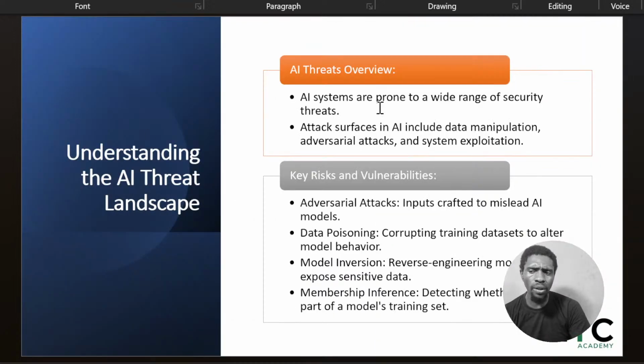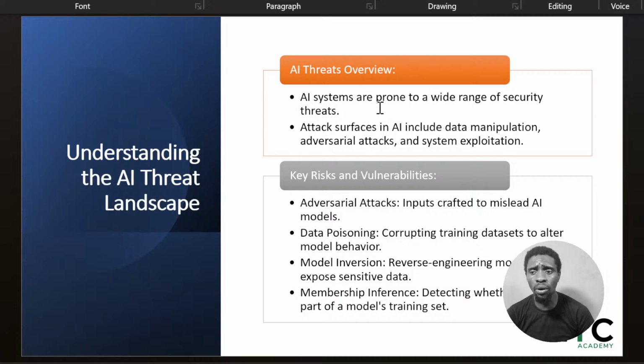So let's start with understanding the AI threat landscape. AI systems are generally prone to a wide range of security threats. Like I said, there are five major components: the model, the algorithm, the data, the application, and the infrastructure.